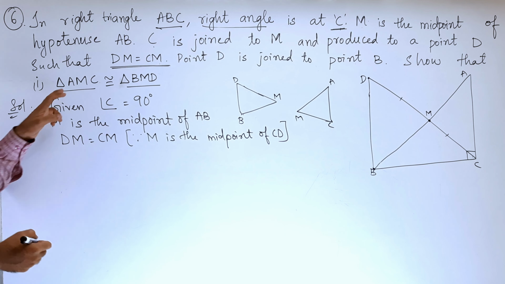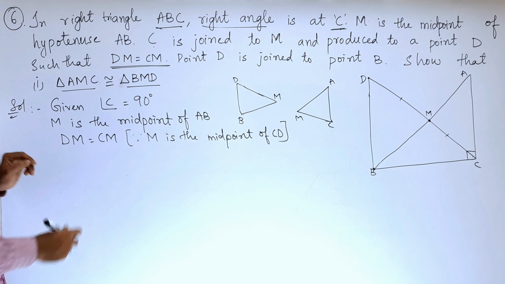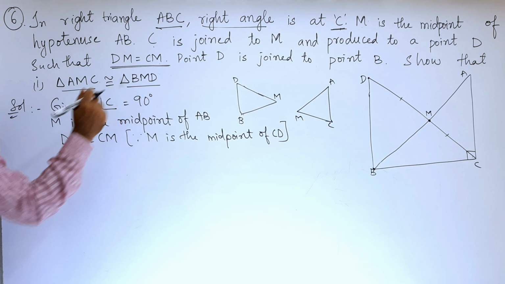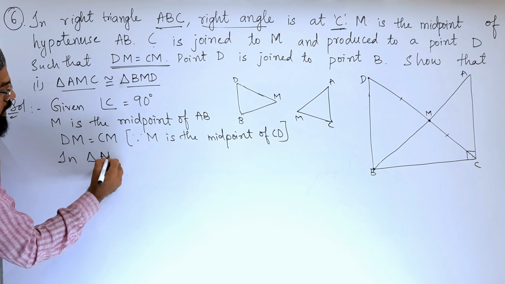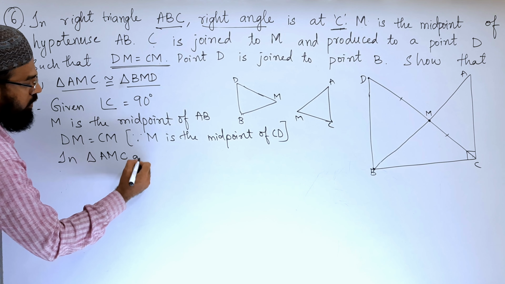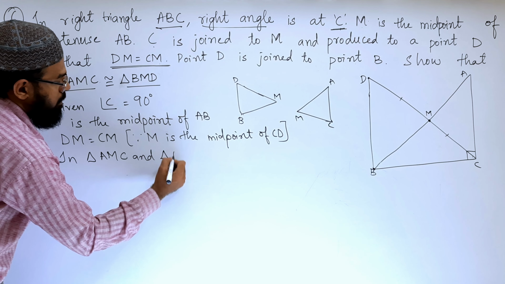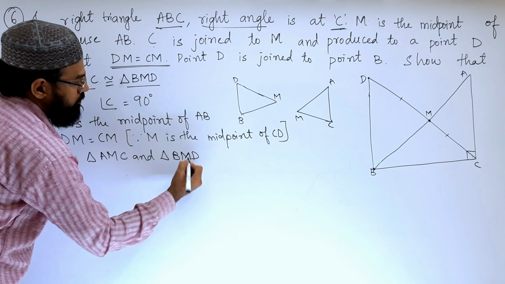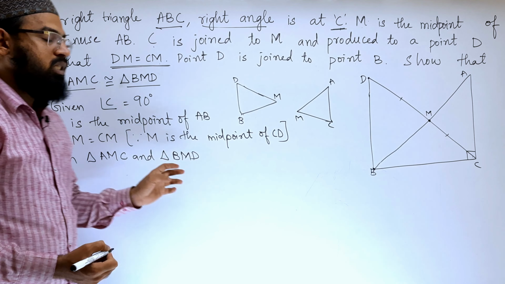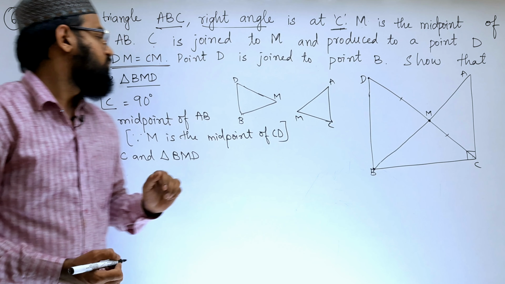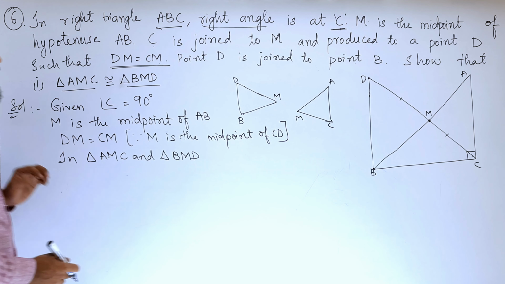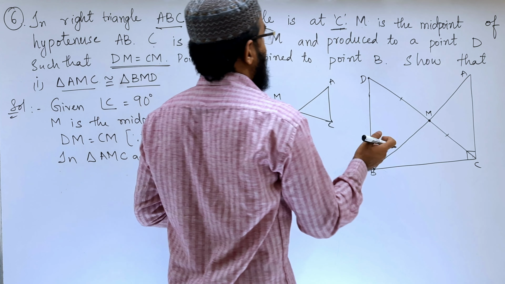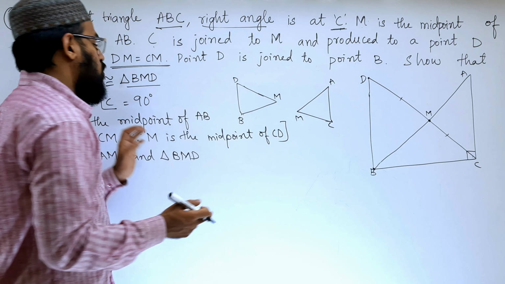Next, we will consider these two triangles, triangle AMC and triangle BMD. In these two triangles we need to show three things equal. That may be angles or sides. Let us see first. Here they have said that M is the midpoint of AB.